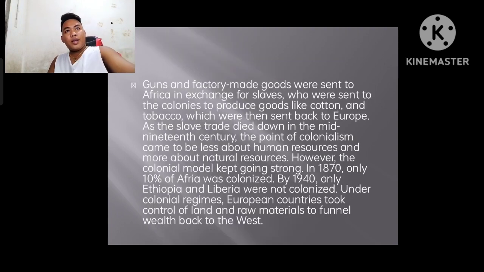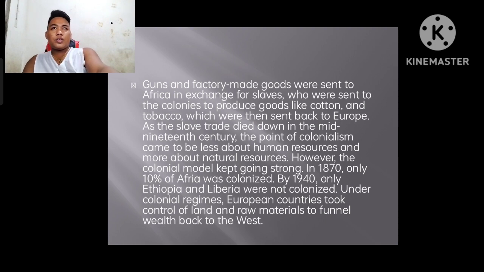Guns and factory-made goods were sent to Africa in exchange for slaves, who were sent to the colonies to produce goods like cotton and tobacco, which were then sent back to Europe. As the slave trade died down in the mid 19th century, the point of colonialism came to be less about human resources and more about natural resources. However, the colonial model kept going strong.